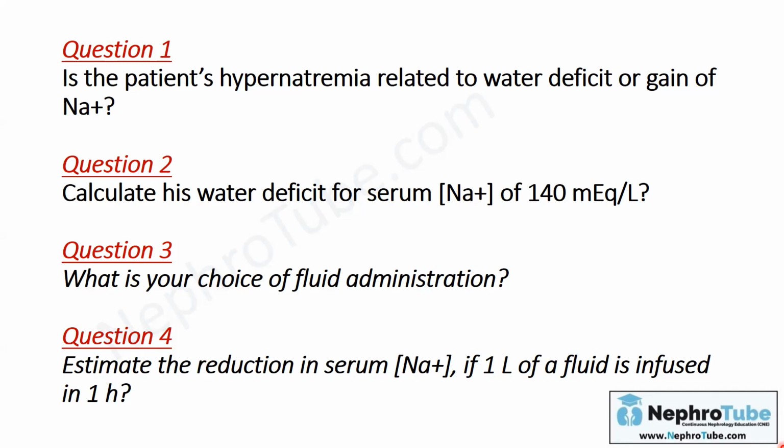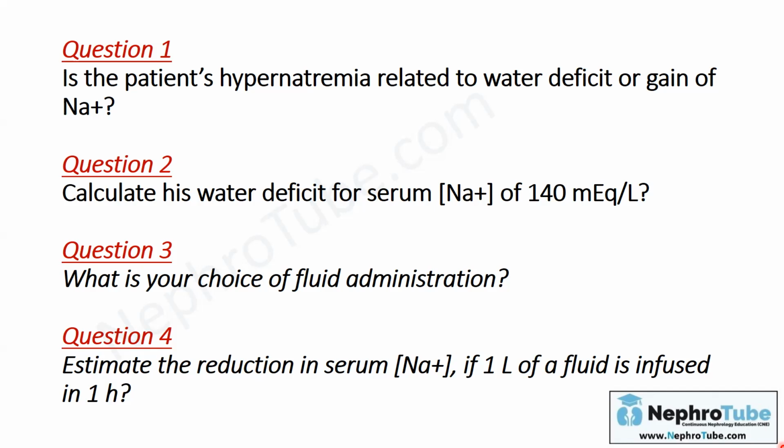The most important is question 4. What is the rate of the infusion that I will use to correct hypernatremia? Over how long a time will I correct his hypernatremia? For example, our patient, we said that he has a water deficit of 8.4 liters.